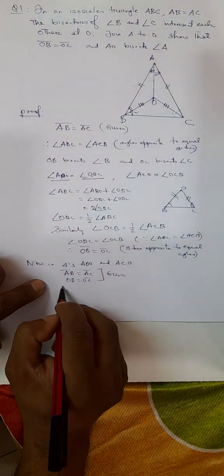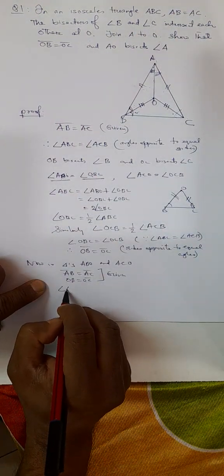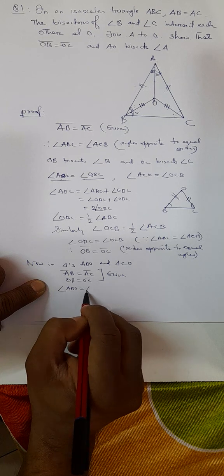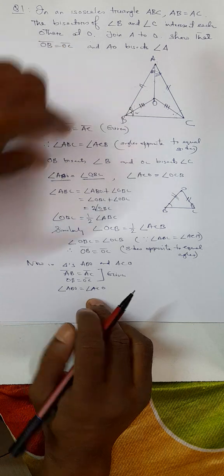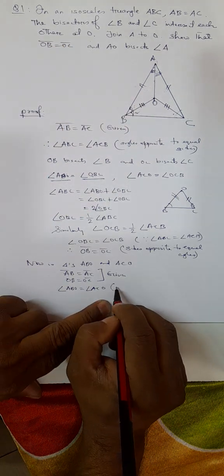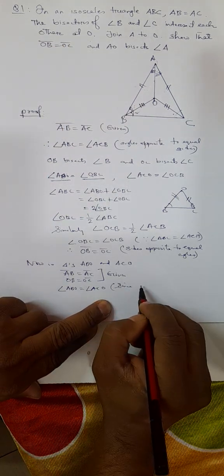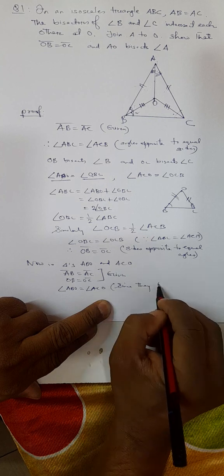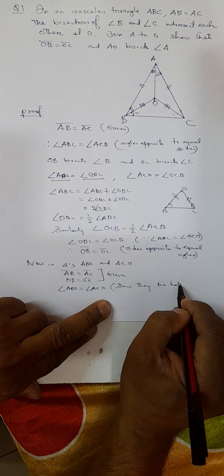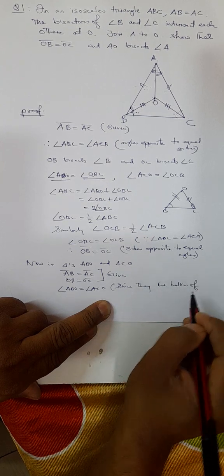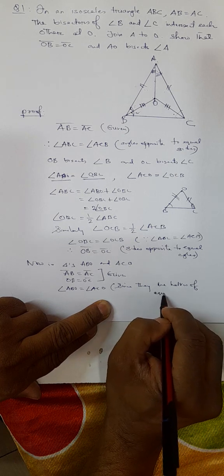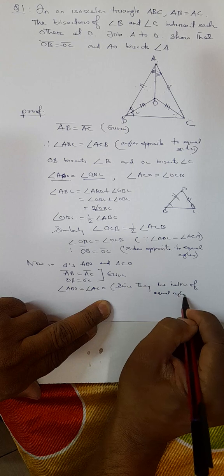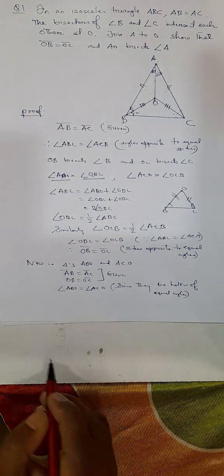Then we find that angle ABO equals angle ACO, since they are halves of equal angles.